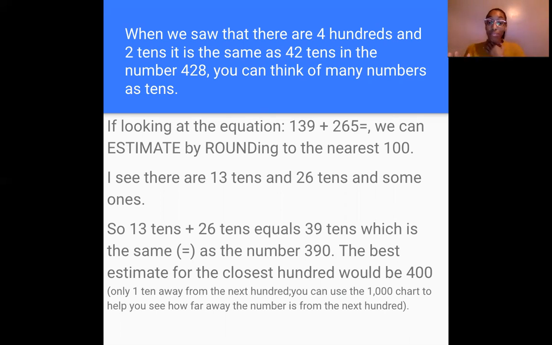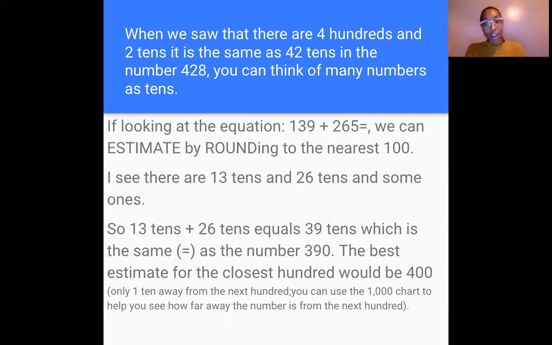Okay, so now 39 tens, we know that if I'm drawing 39 groups of 10, right, that's going to give me 390. So the best estimate, right, because 390 is really close to that landmark number, 400, that best estimate would be 400. I would round up because it's only 10 away.